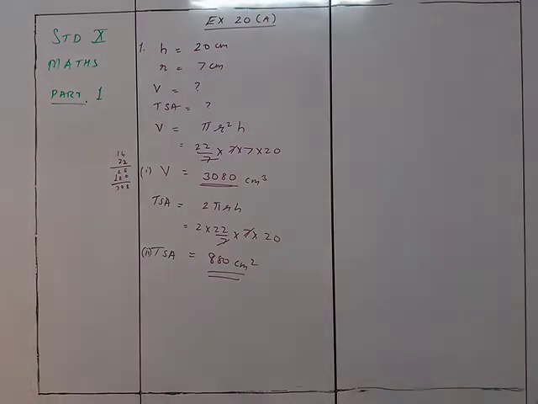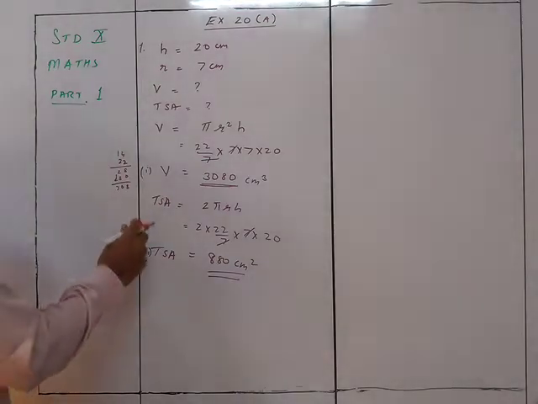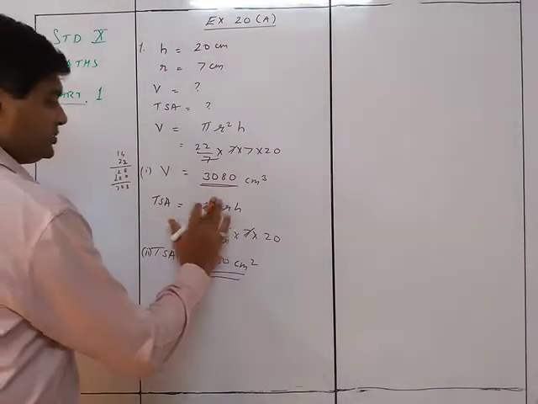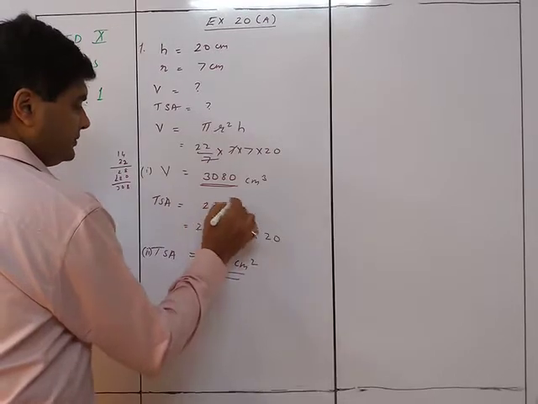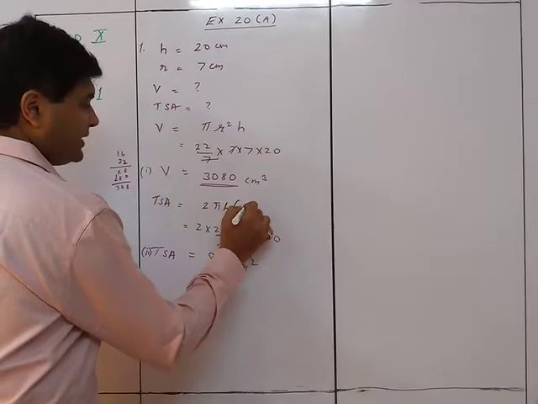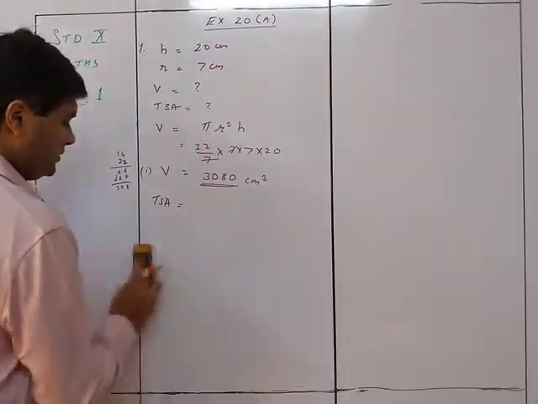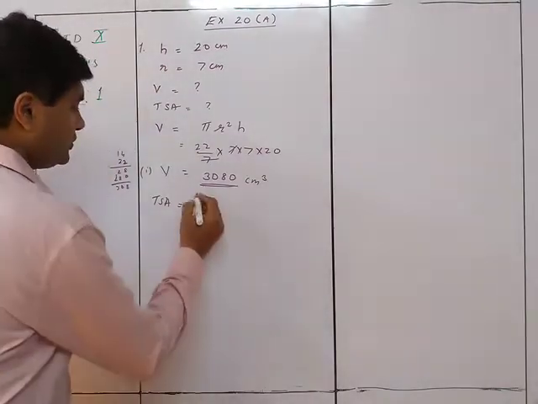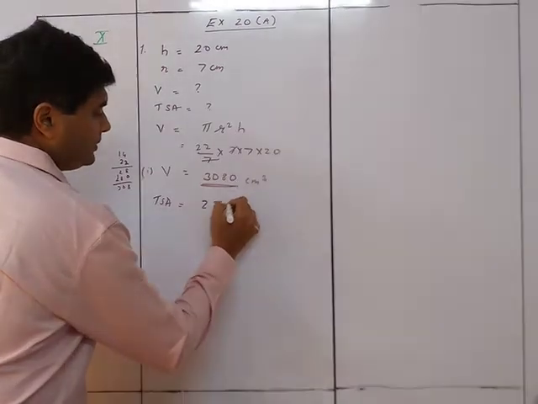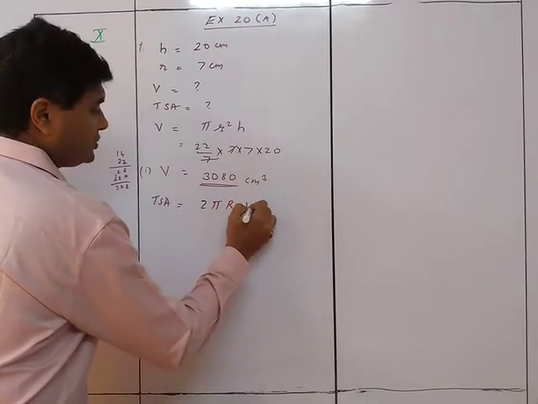One sec. Sorry, I found out the CSA. It is the TSA, so it is 2 pi r times (r plus h).